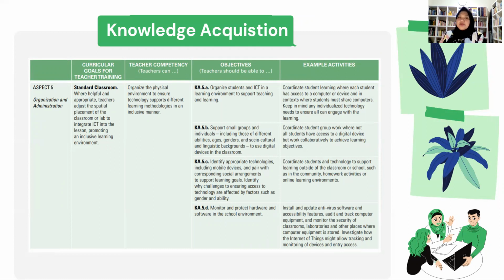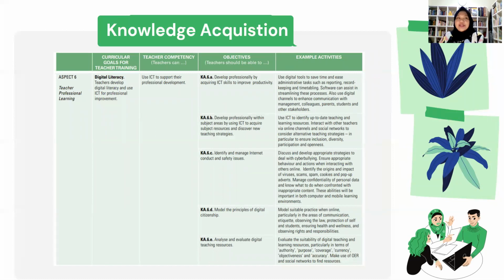The fourth objectives will be monitor and protect hardware and software in the school environment by installing and update antivirus software and accessibility features, audit and track computer equipment, and monitor the security of classrooms, laboratories, and other places where computer equipment is stored.